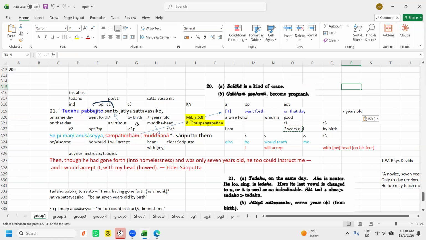Not very correct in a sense that you can say a wise man who went forth on that day. It means it is indicating that the wise person is actually 7 years old, right? A 7 years old.